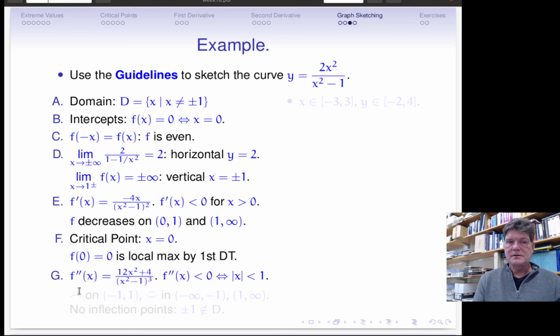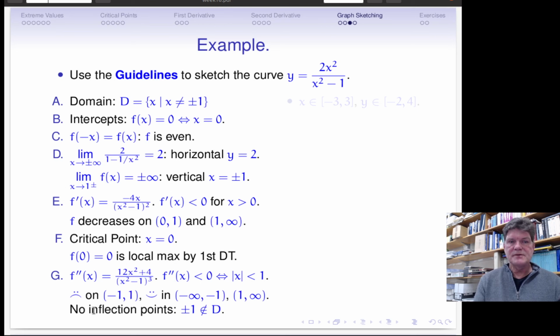Then the second derivative is computed as 12x squared plus 4 divided by x squared minus 1 to the third, and this 12x squared plus 4 is always positive, and the x squared minus 1 to the power 3 is negative if the absolute value of x is smaller than 1.